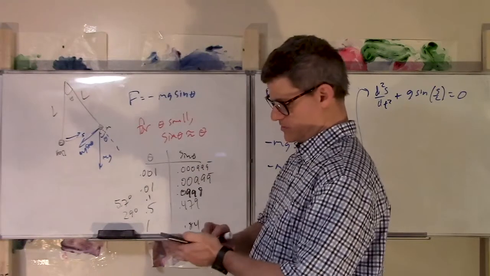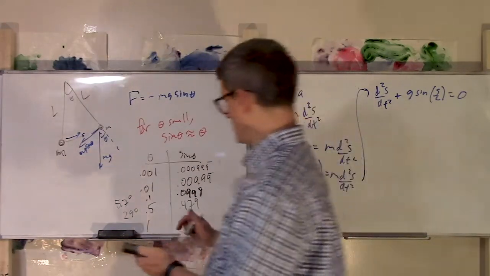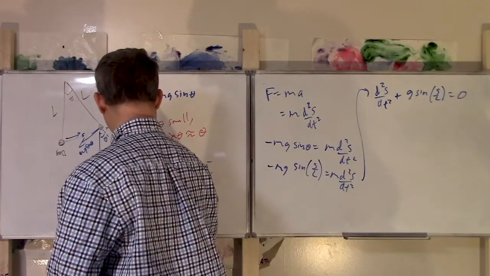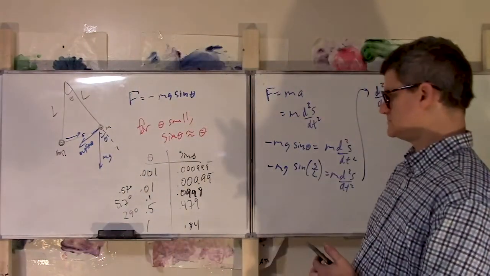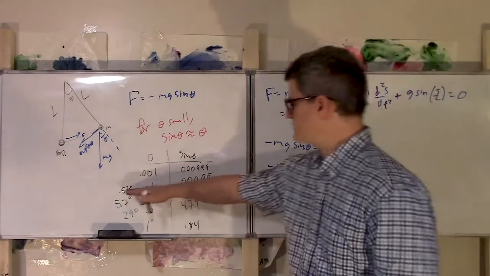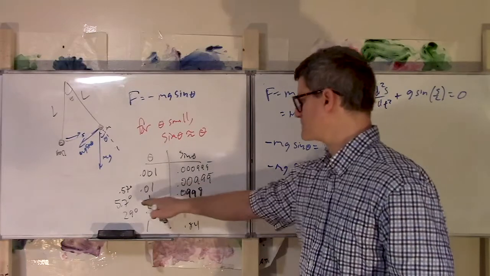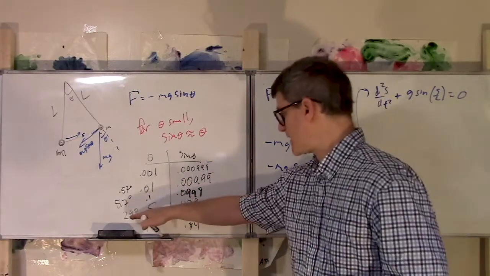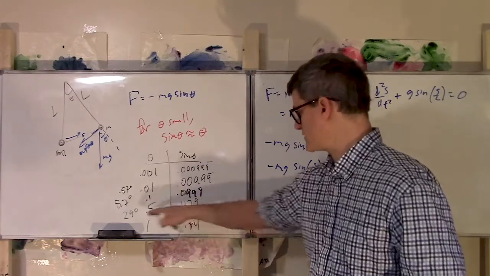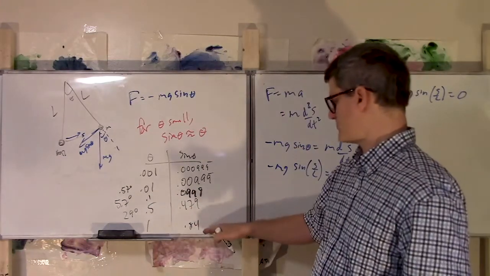What about 0.01 times 180 divided by pi is like 0.57 degrees. So definitely at less than a degree, I would say that sine of theta equals theta. For 5 degrees, it's still pretty close. But when you get up to 29 degrees, we're starting to see some differences. And this is 57 degrees, so that's pretty far off.